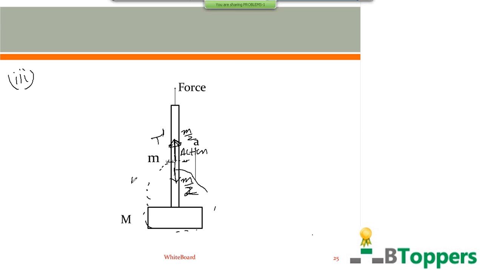If action is upward, reaction will be downwards. If action is the force exerted on the lower half by the upper half, which acts vertically upwards, reaction will be the force on the upper half by the lower half, which acts vertically downwards.